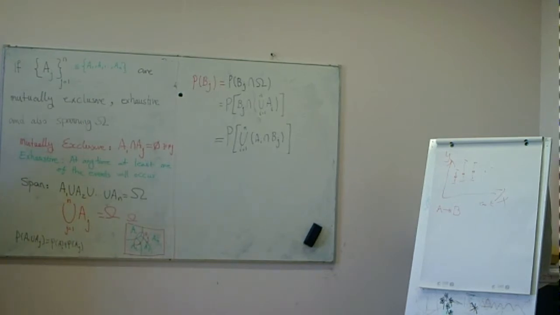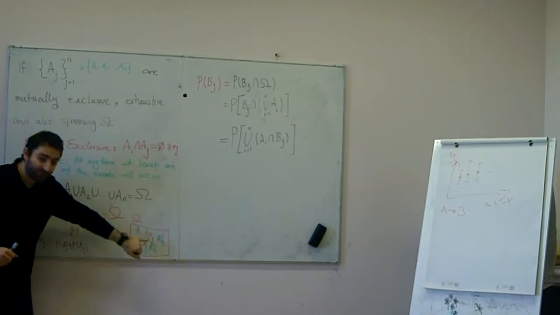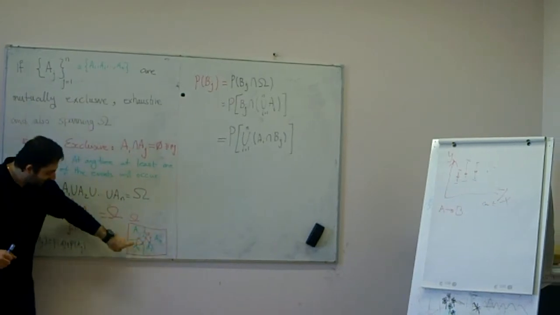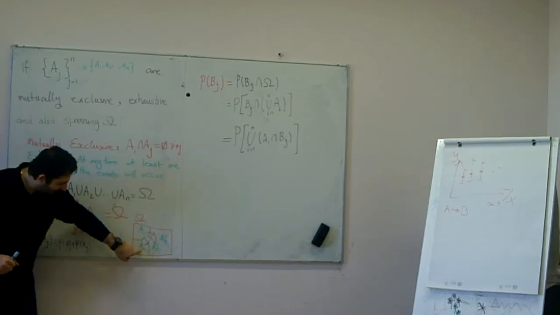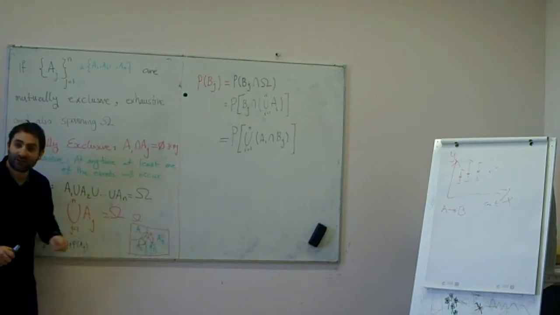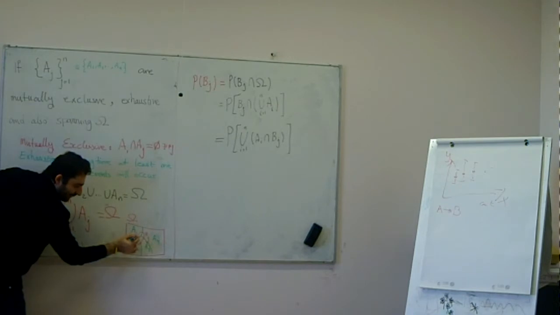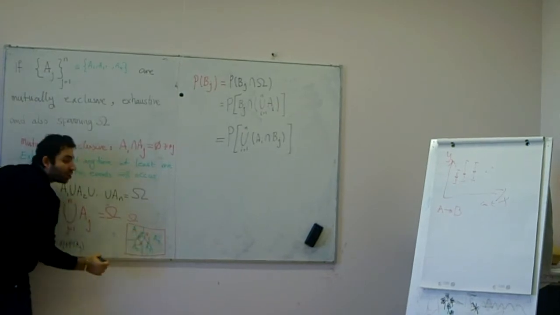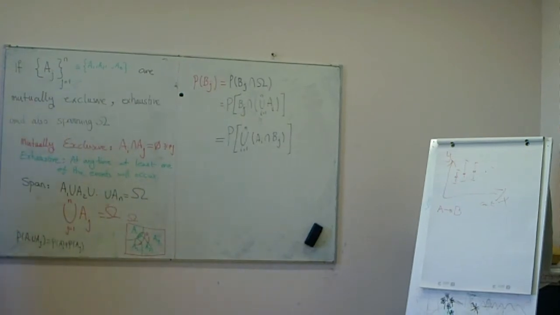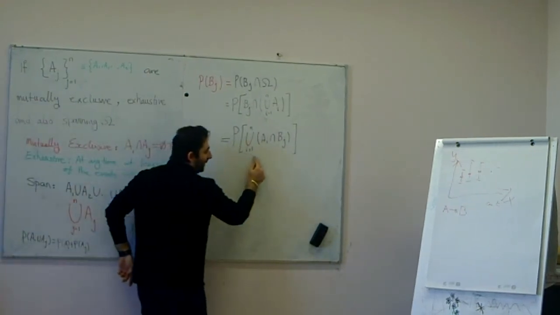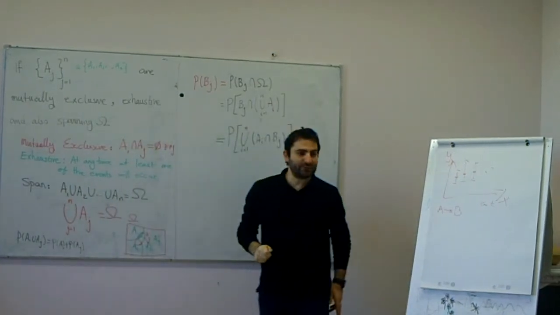Because all the A_i's are mutually exclusive, they are not intersecting with each other, then the intersections of B_j with any of these will not intersect with each other. In other words, the intersection of B_j and A1 is this part, which does not exist in any other parts. So this means that here all terms are mutually exclusive from each other.